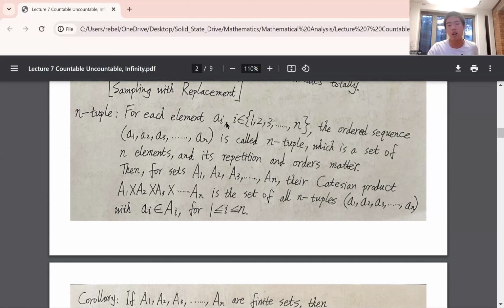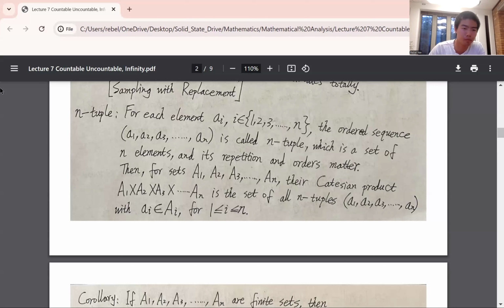For each element Ai, where i belongs to 1, 2, 3 to n, the ordered sequence A1, A2, A3 to An is called an n-tuple, which has n elements, and its repetition and order matter. A basic set only stores the elements inside the set. A set doesn't have order and doesn't care about repetition, but n-tuples do.